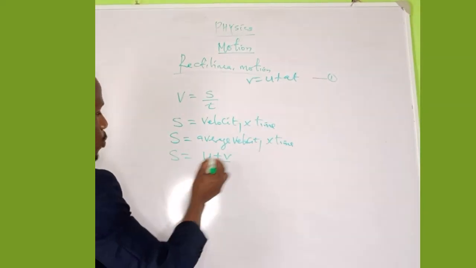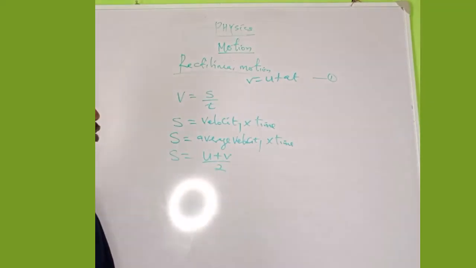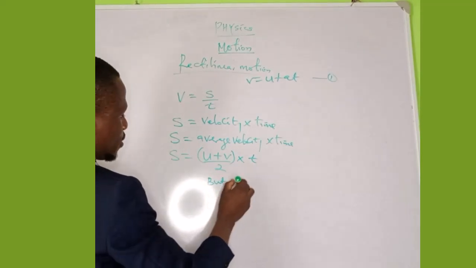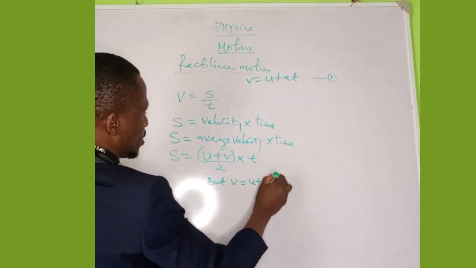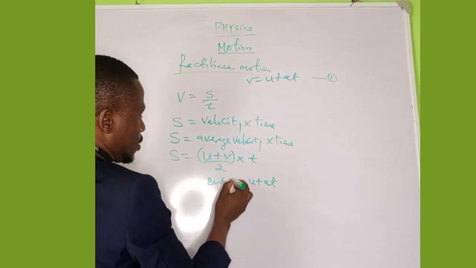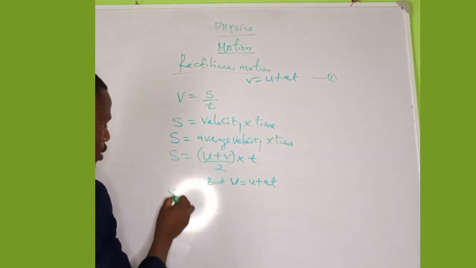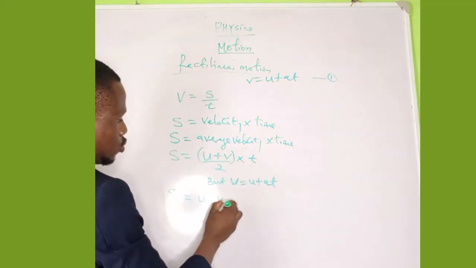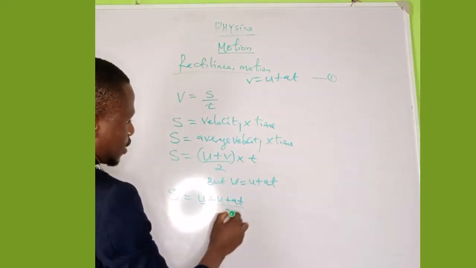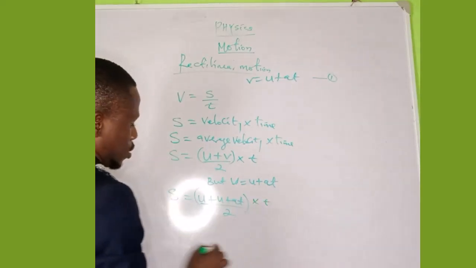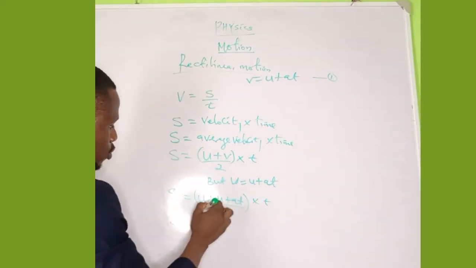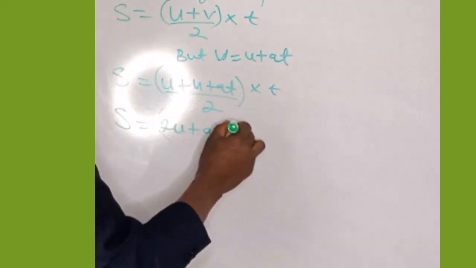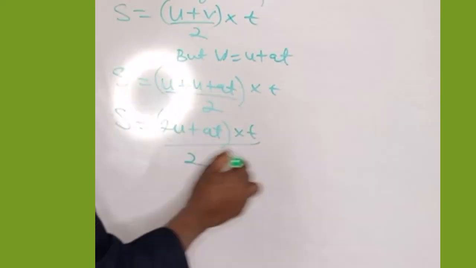So U plus V over 2 is the average velocity times time, but V is equal to U plus AT. This V is the final velocity now. So S is equal to initial velocity plus final velocity, U plus AT, all over 2 times T. So S is equal to 2U plus AT times T all over 2.